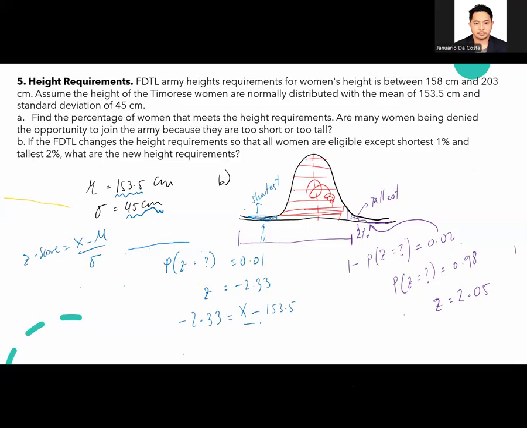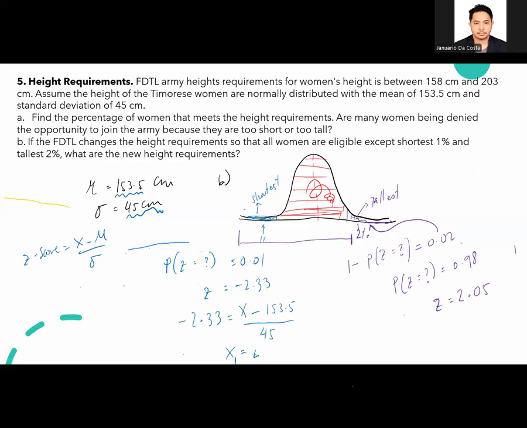So negative 2.33 equals x minus 153.5, divided by 45.